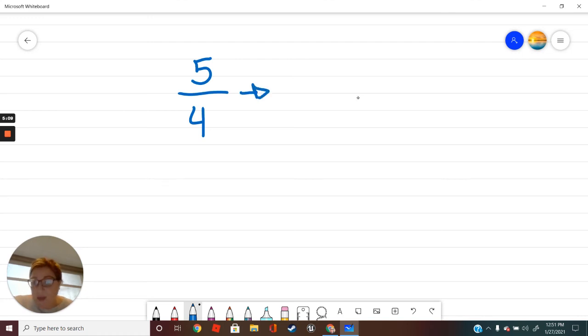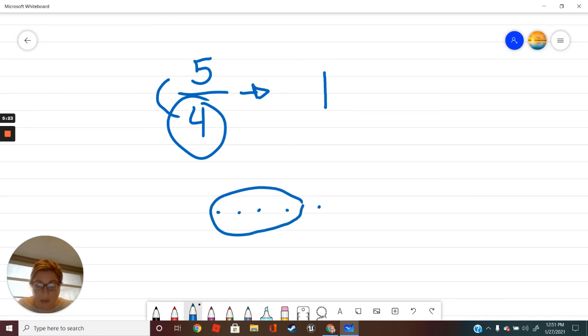So we can say, how many groups of 4 can I make out of 5? Well, I can make one group of 4 out of 5, right? 1, 2, 3, 4, 5. One group, with how many left over? 1. Slide that denominator like we always do.